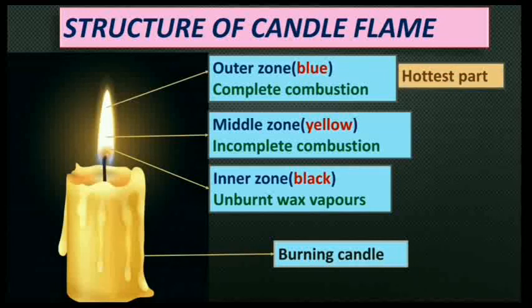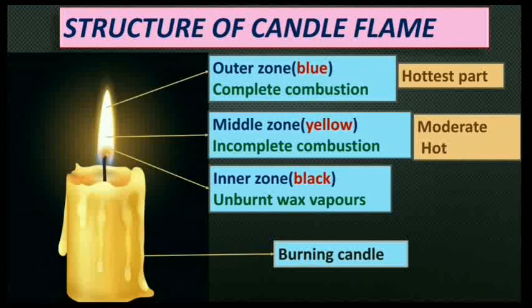Outer zone is the hottest part, middle zone is moderately hot, and inner zone is least hot. So, if we need to heat any object quickly with the help of this flame, then we have to hold the thing near that outer zone because it is the hottest part.